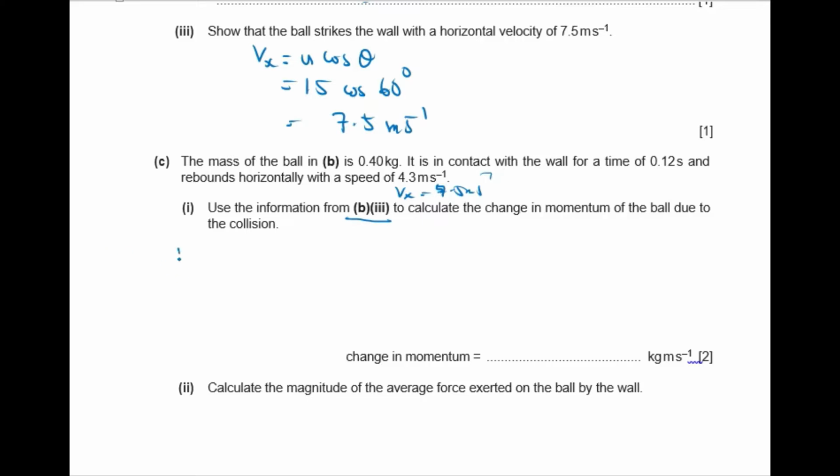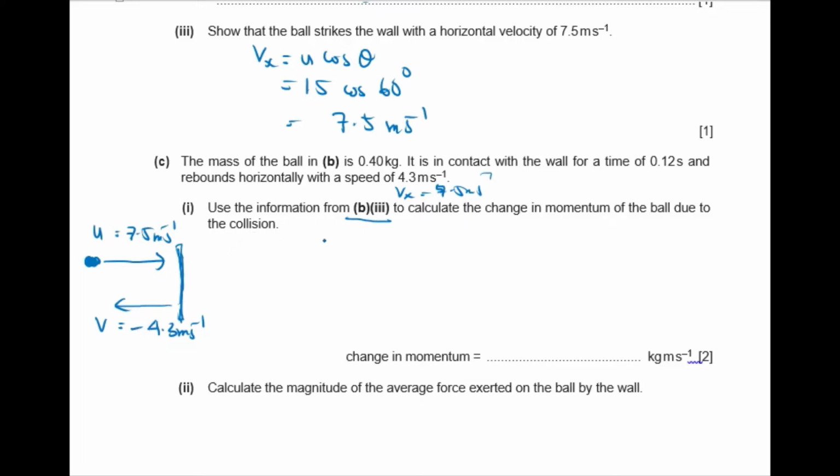Okay, so the ball initially has u of 7.5 meter per second, then after that it rebounds with the speed 4.3 meter per second, but because it rebounds in the opposite direction, here it becomes negative.